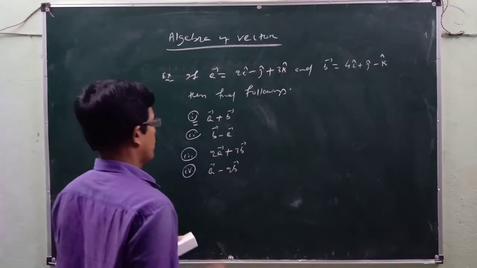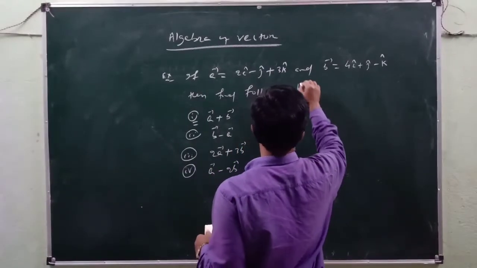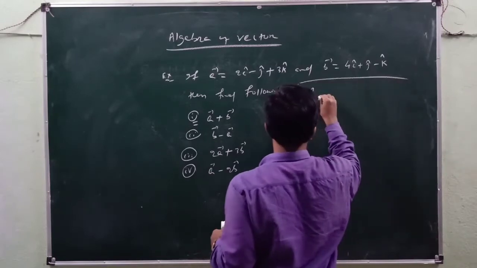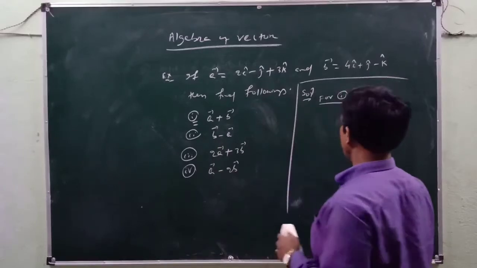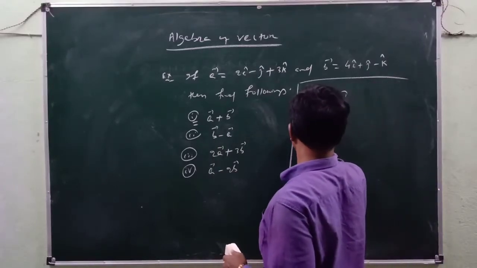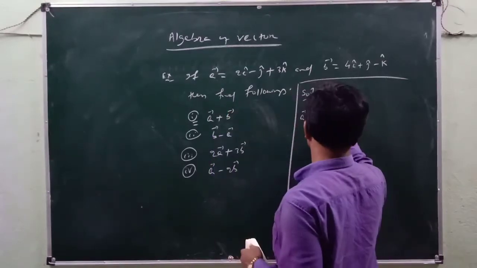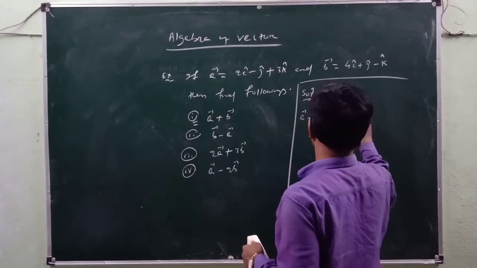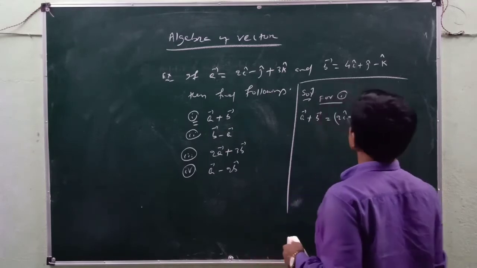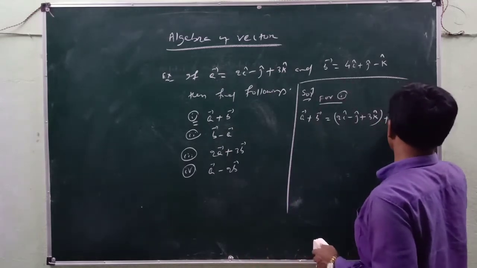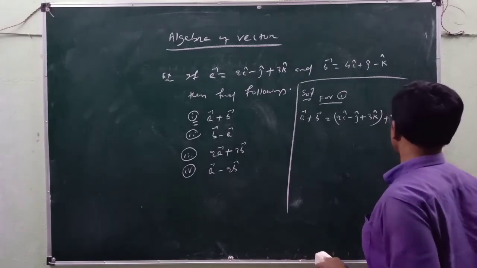Suppose in your solution, look, for the first, here a vector plus b vector. In place of a, you write 2i cap minus j cap plus 3k cap, plus in place of b, you write 4i cap plus j cap minus k cap.